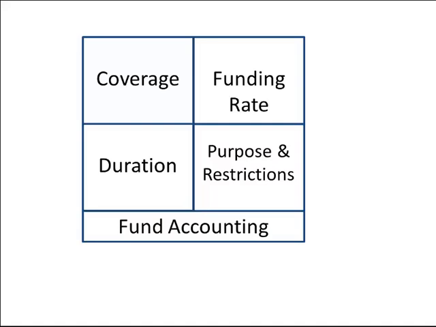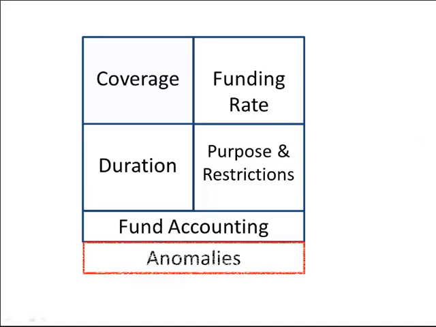But in any given year, there will always be exceptions, otherwise known as anomalies. While the basic building blocks vary very little from year to year, the anomalies can vary greatly depending on the circumstances. These may be exceptions to purpose, amount, and duration.